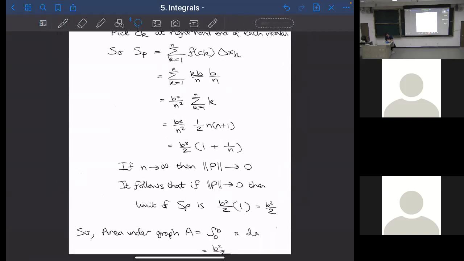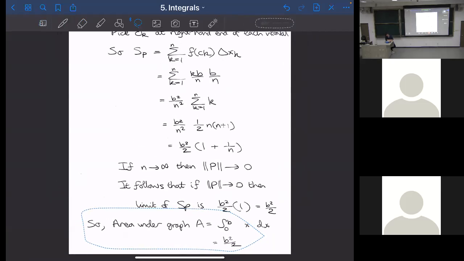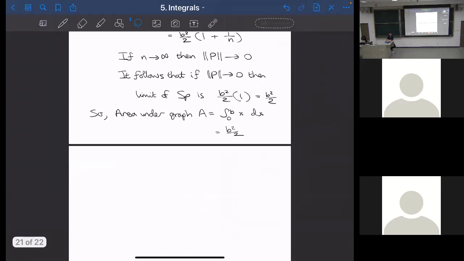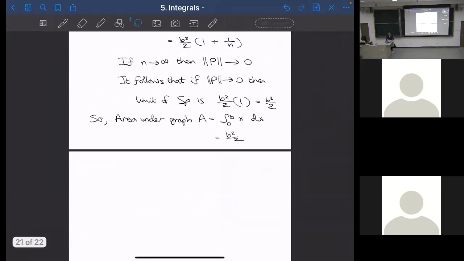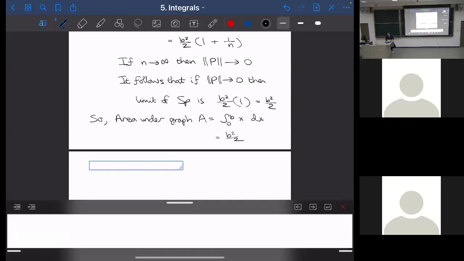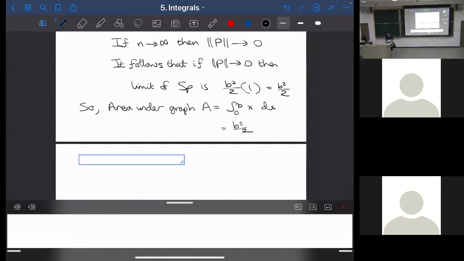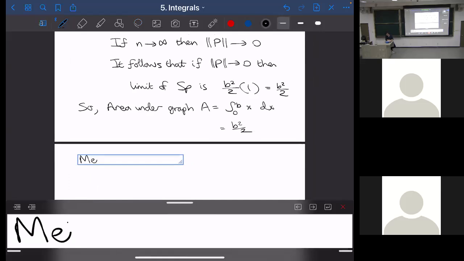Let me move that up. Okay, so we got that by working with Riemann sums, and that worked for that example. But in general, we'll have to use antiderivatives. And in this example, we can also use another method.